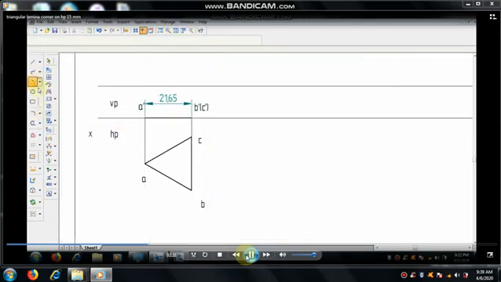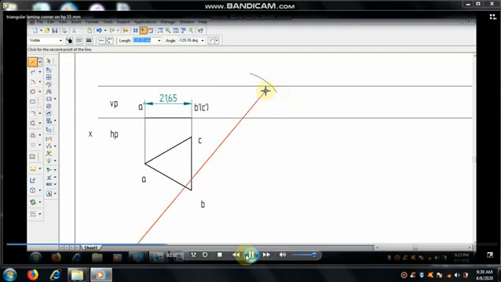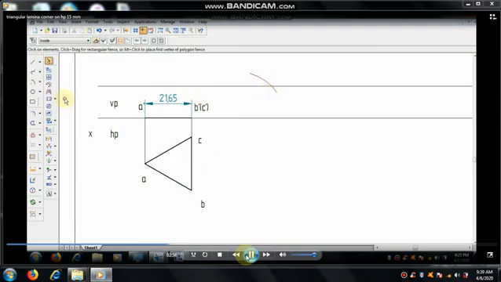That distance we have to make an arc and cut on the locus line, the line 15 mm above HP that we have drawn. So take the radius 21.65 and make an arc. By using the trim option you can cut it.